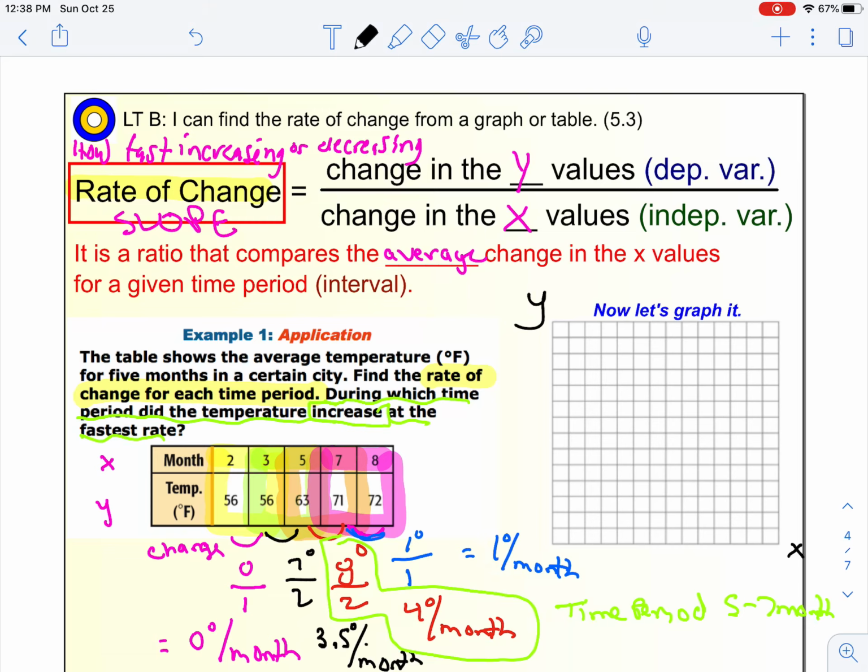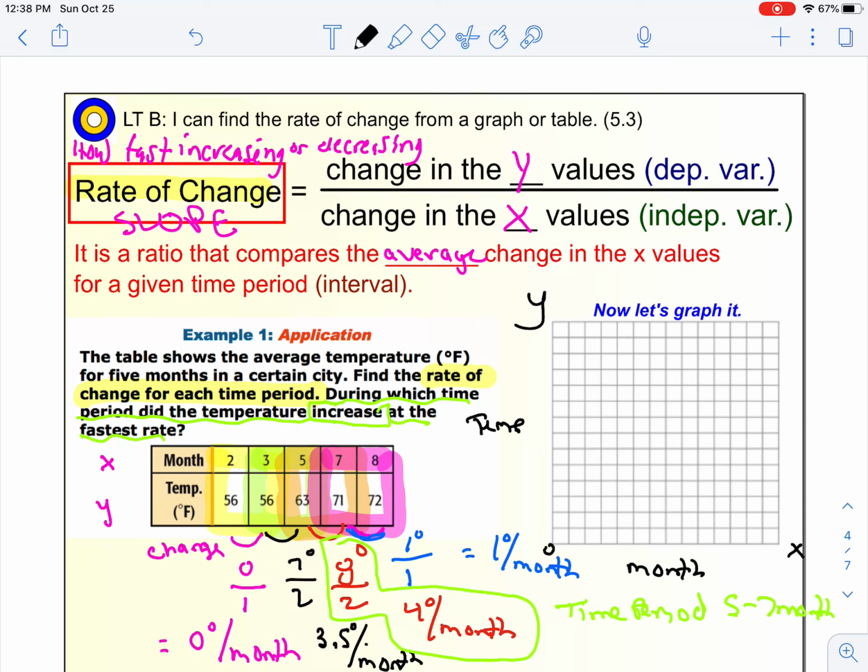So we know that our temperature is our dependent variable, and that is our y value. So this is going to be our independent variable, our months. So the temperature depends on the month of the year it is.